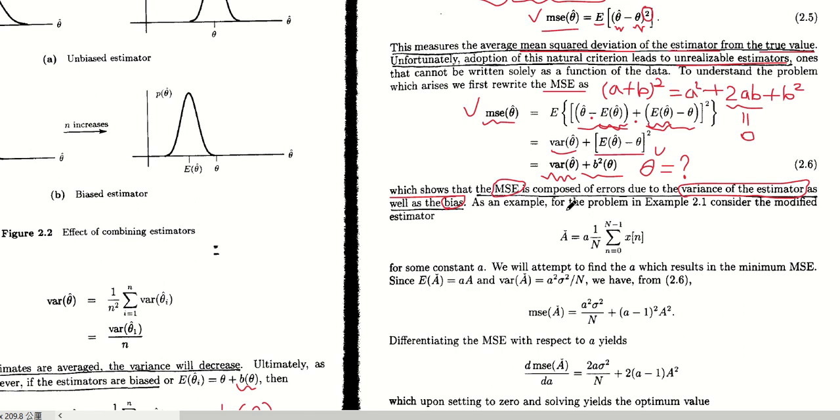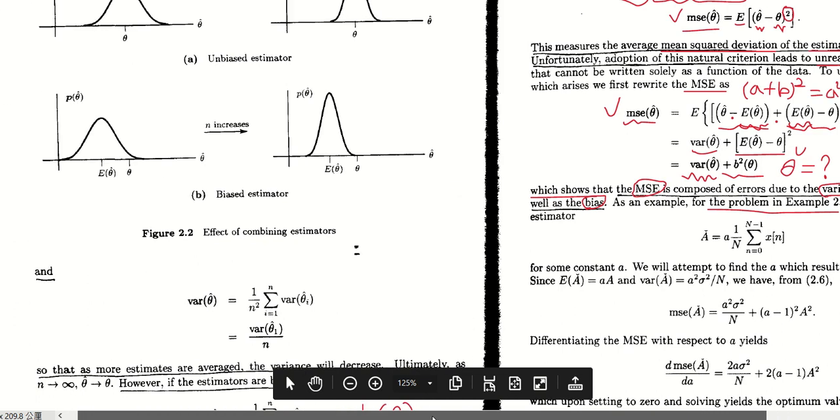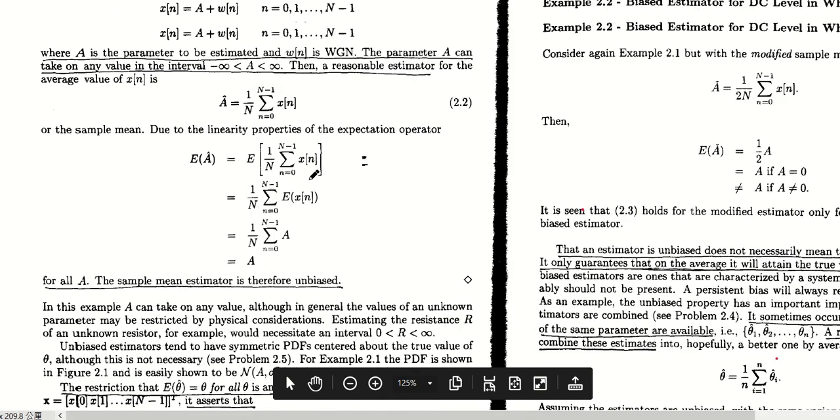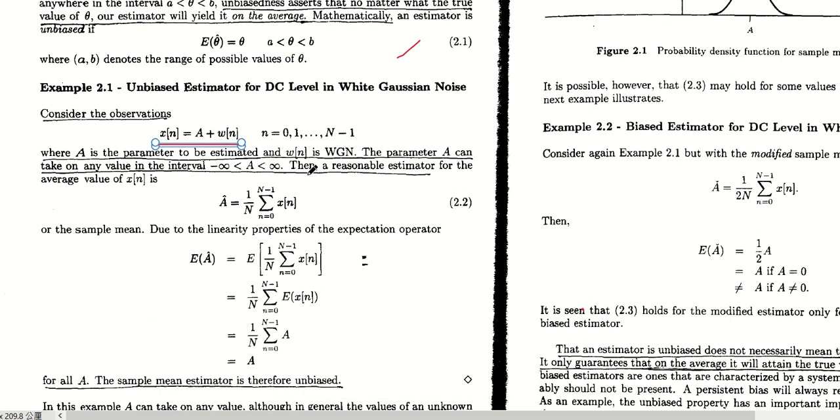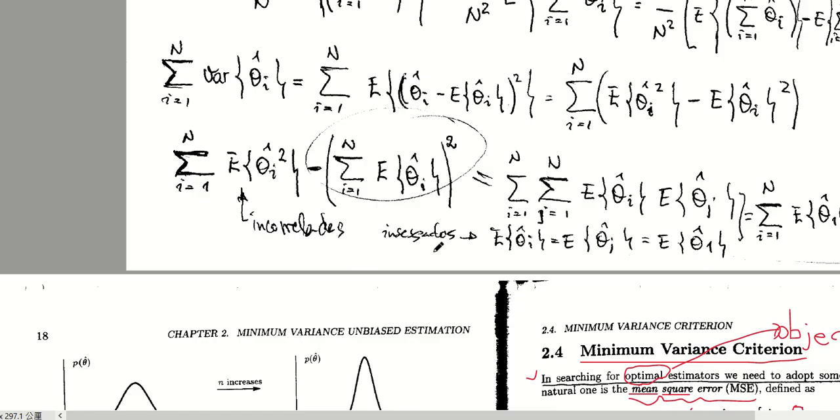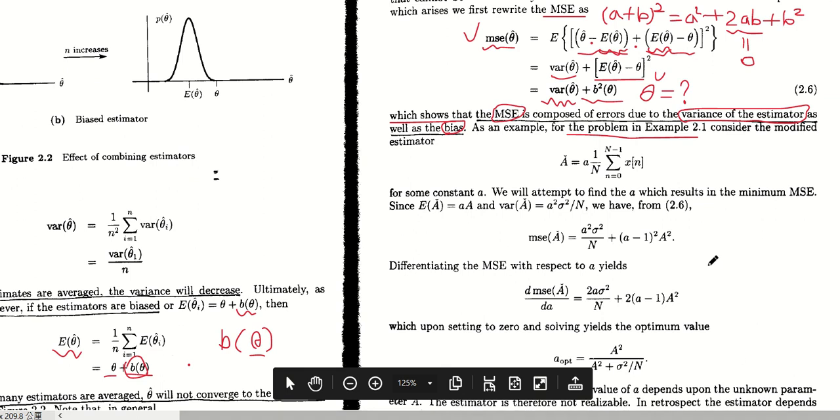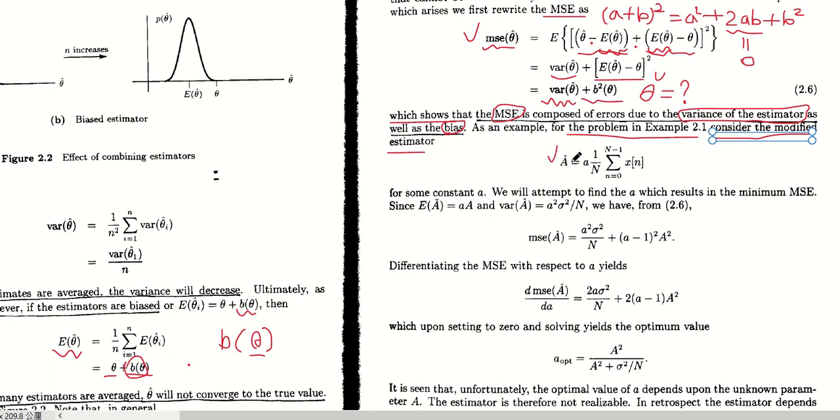So as an example, for problem 2.1, let's see the model again. 2.1 is this model, and we want to find A. So we consider the modified estimator, A tilde, equal to 1 divided by n summation x_n, adding a multiplier a in front of it.